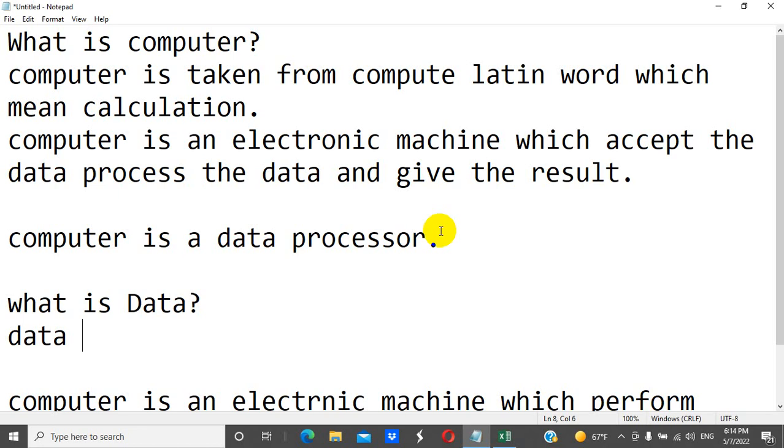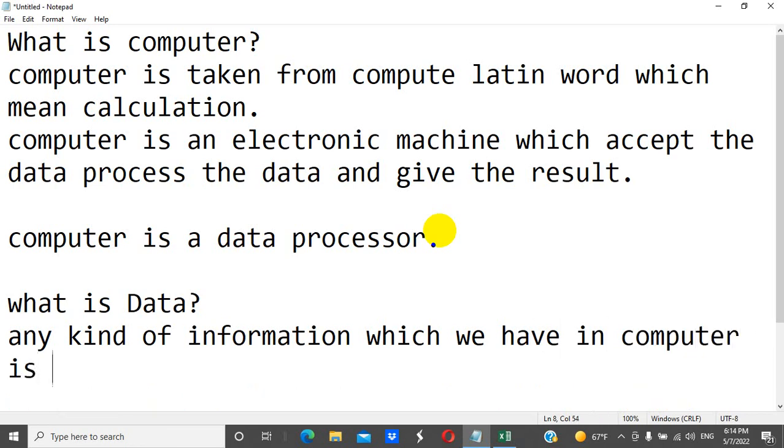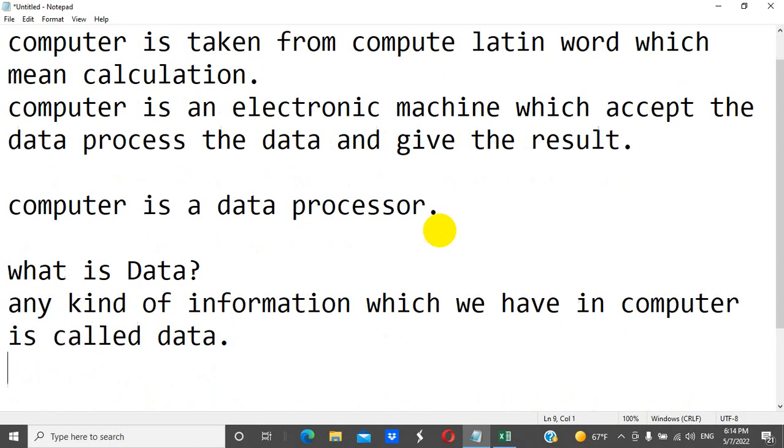We can say data is any kind of information which we have in the computer. Any kind of information which we have in a computer is called data.